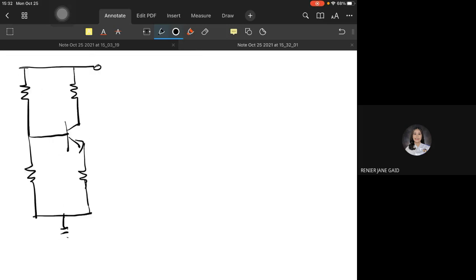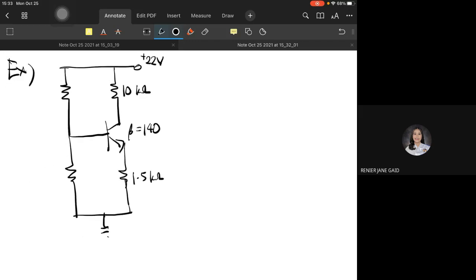Okay. VCC is 22 volts. RC is 10 kilo ohms. Beta is 140. RE is 1.5 kilo ohms. RB1 is 39 kilo ohms.